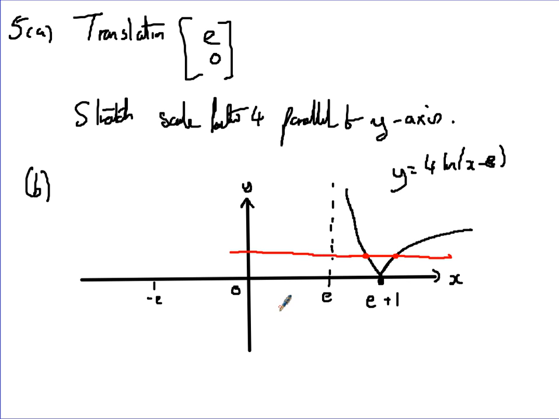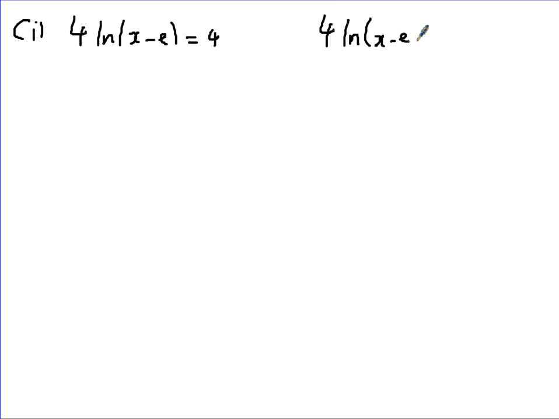Now this point here would be exactly the same if you continue the normal curve at minus 4. So what we're going to do is set, for C part 1, the solution when 4 ln(x − e) equals 4. We're also going to do the other solution where 4 ln(x − e) equals minus 4.